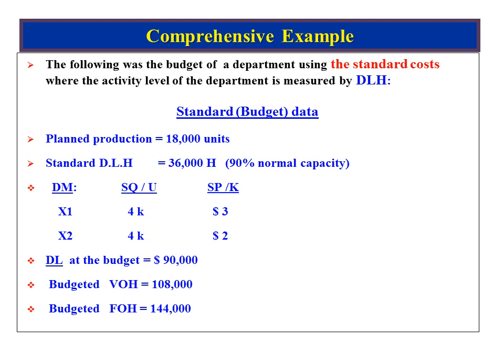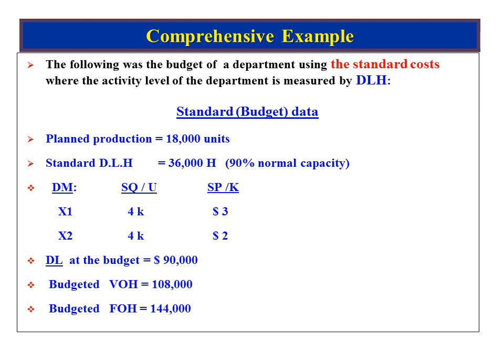It equals 90% of normal capacity of the company, or of the department, I mean. For direct material, we have two kinds, X1 and X2, and we have information about standard quantity per unit and standard price per kilogram for each one.